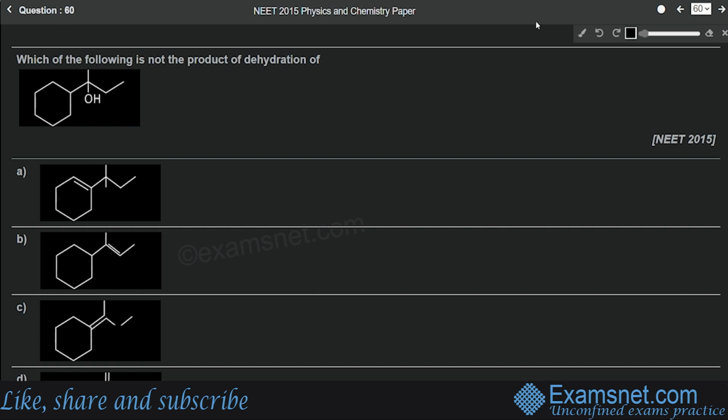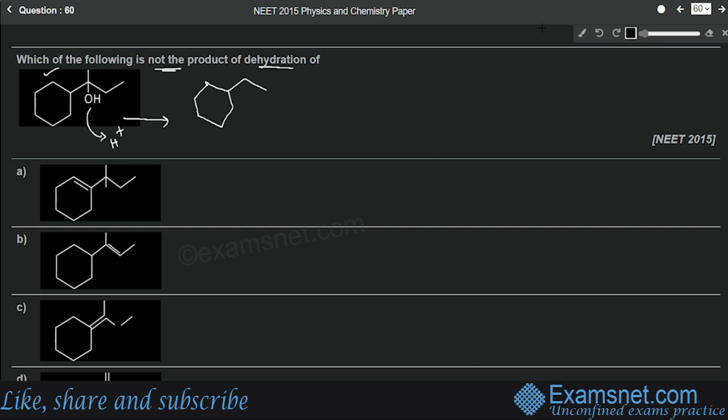Question number 60 is from the chapter Alcohols, Phenols and Ethers. And the question is, which of the following is not the product of dehydration of this compound? So this is an alcohol. Now if it undergoes dehydration, then first of all, a carbocation will be formed. So let's see. Here there will be an H plus ion. This OH will accept this H plus ion to form the carbocation.